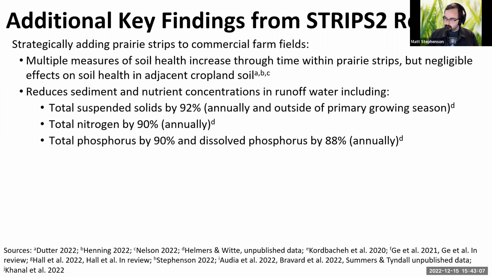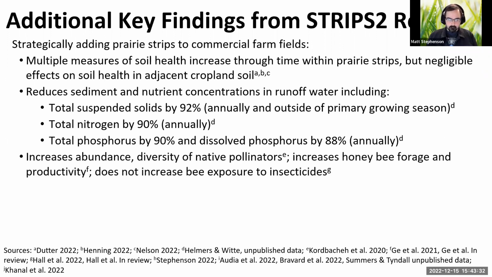So reducing the total suspended solids in water runoff, the total amount of nitrogen in water runoff annually, as well as total phosphorus, both particulate phosphorus as well as dissolved phosphorus annually. So this is really cool that the results that we found in our initial experiment, we're also seeing in the commercial farm environment.